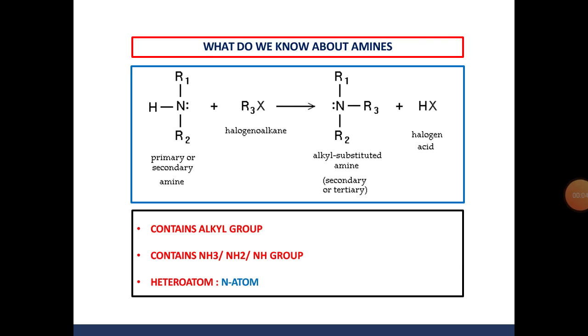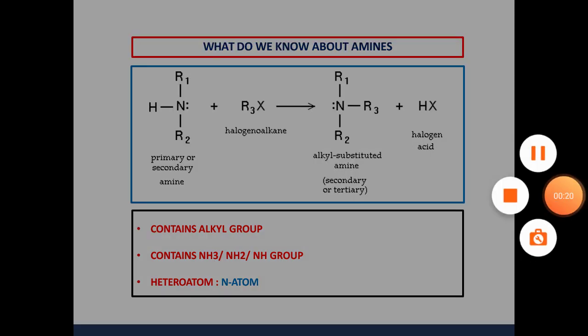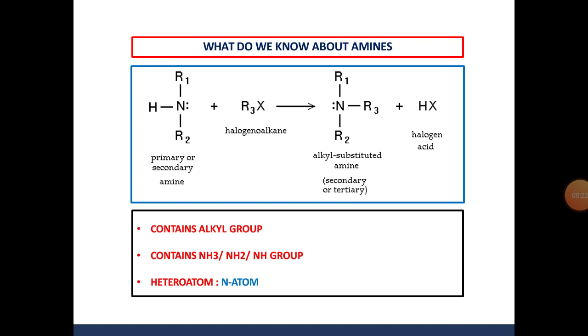Today we'll discuss amines. Yesterday I told about the introductory part. Today we'll start with amines. An amine has one alkyl group and an amino moiety.